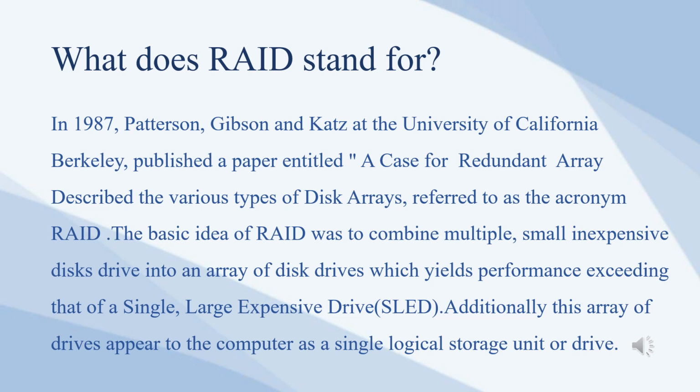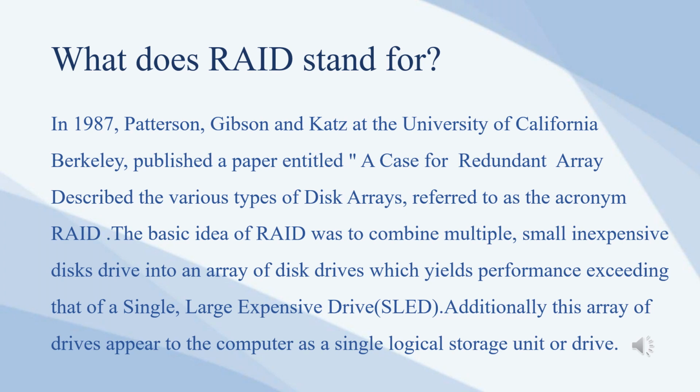What RAID stands for. In 1987, Patterson, Gibson, and Katz at the University of California, Berkeley published a paper entitled The Case for Redundant Array, which described the various types of disk arrays, referred to by the acronym RAID.